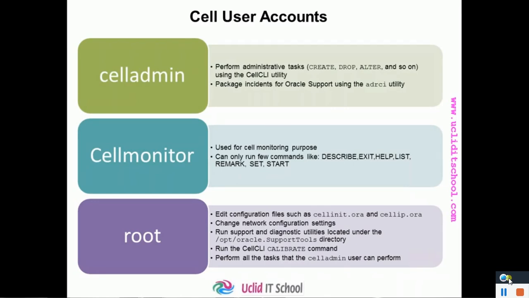And whenever you want to change the network settings related to the cell, that should be done as root user. During initial software installation and configuration, Oracle loads many utilities and tools on every cell. These tools are loaded under a standard directory called /opt/oracle.SupportTools. All these tools require root access to run.